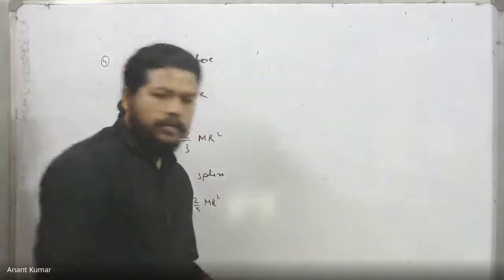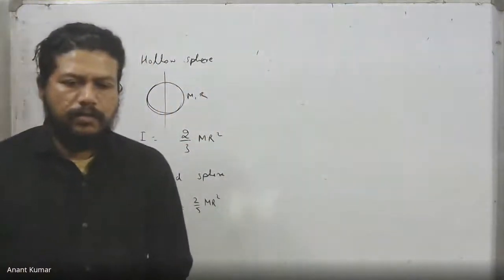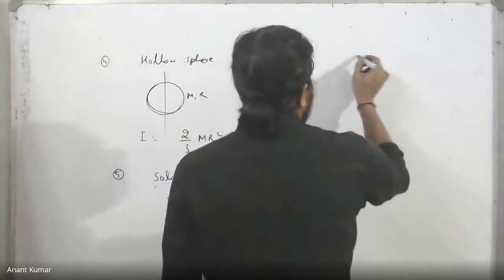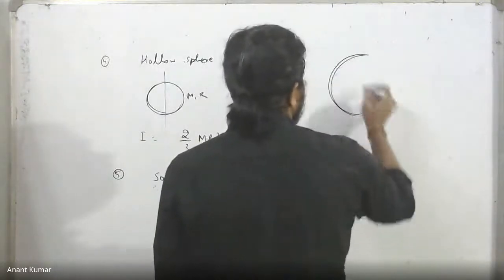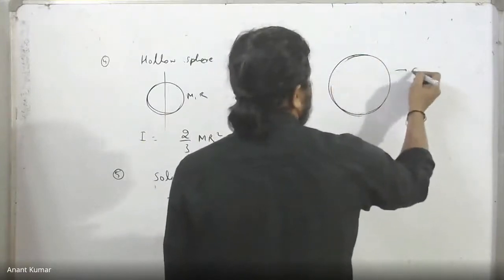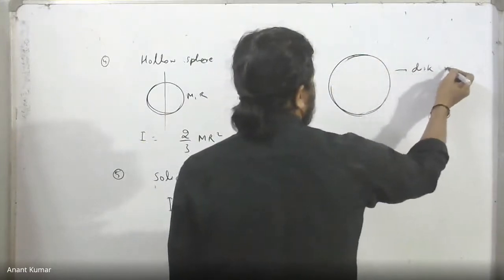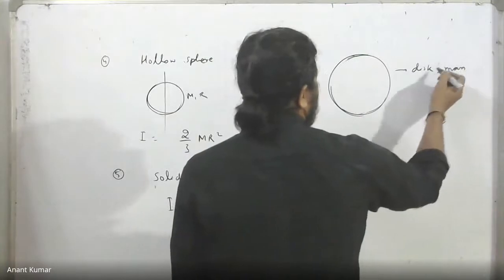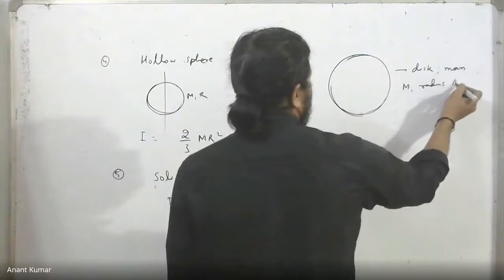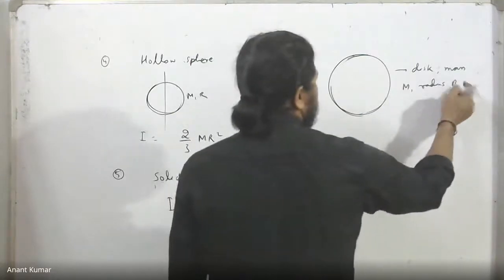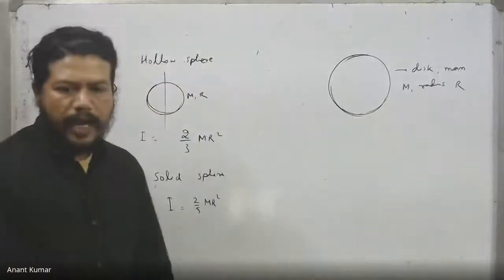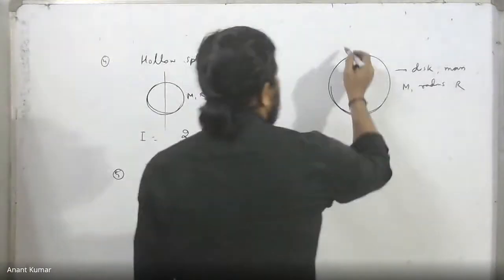And what if I have, for example, a disk, but the axis is like this one? Consider a disk, but the axis is like this one, that is the axis.